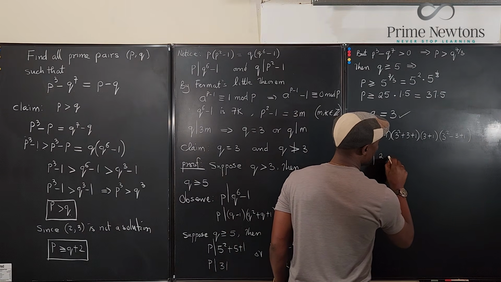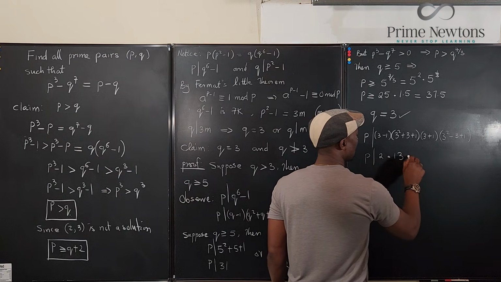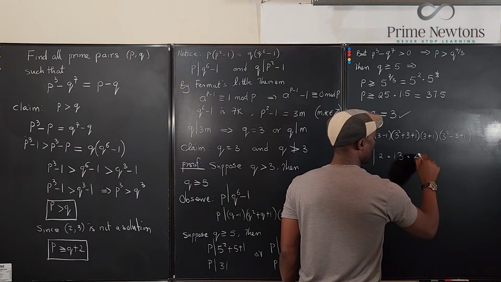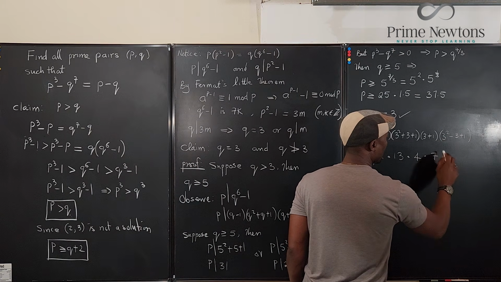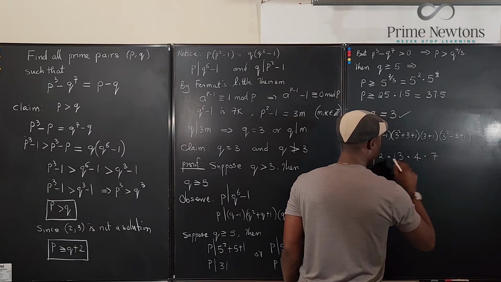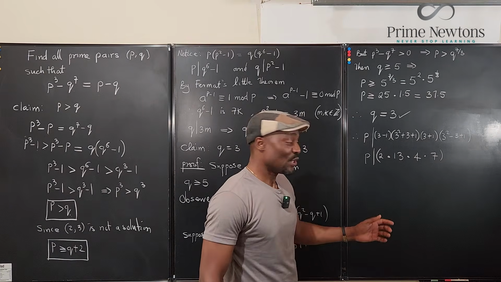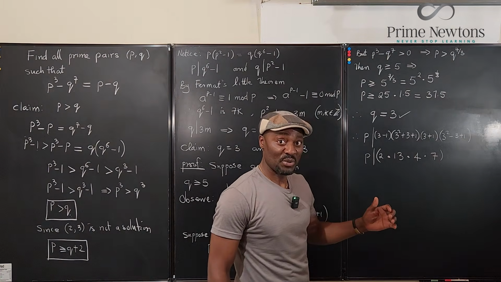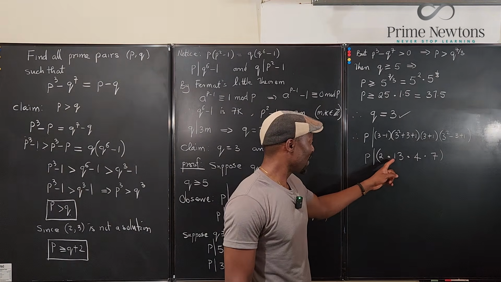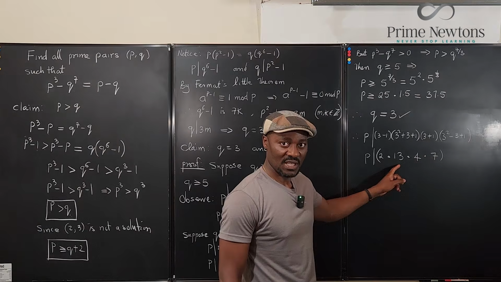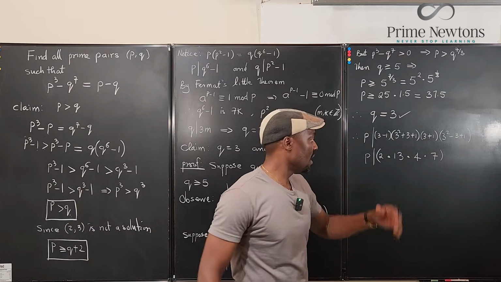This is 2, this is 9 plus 3 plus 1, that's 13, this is 4, and this is 9 minus 2, 7. So p divides all of these. By the way, p has got to be a prime number greater than 3. We already said that. So it's either 7 or 13. 7 was already clear right from here, that 7 is part of the possible solutions. The other one is 13.